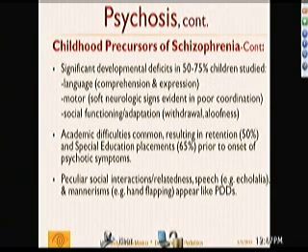The significant developmental deficits in children, 1/2 to 3/4 of children studied, have been in areas of language, motor, causing soft neurologic signs, and social functioning. And academic difficulties are common, resulting in retention of half of these kids, and 2/3 of these kids are placed in special ed prior to the onset or diagnosis of psychosis.